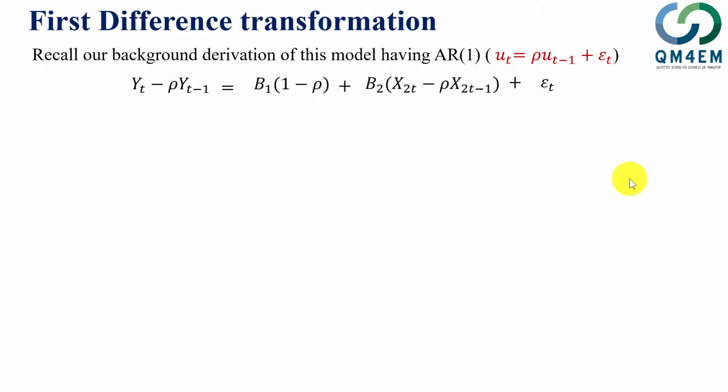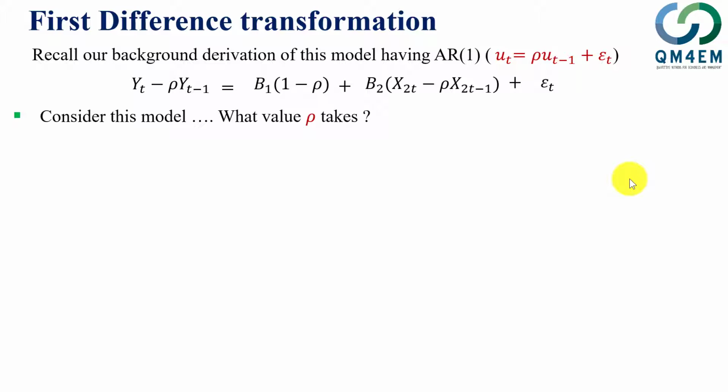So now we are going to use this to see how we can do the first difference transformation to solve the problem of autocorrelation. The problem with this transformation, as we saw earlier, is that we do not know the value of rho, but for the time being, we can assume a certain value of rho.